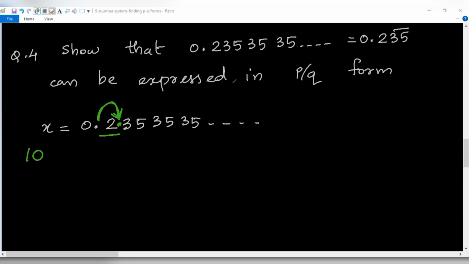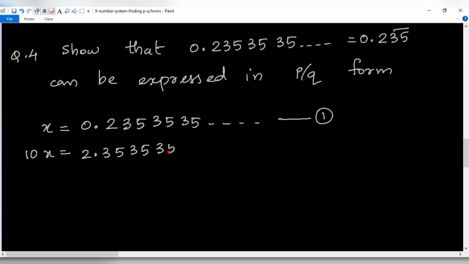So we are going to multiply that equation by 10. Let it be the first equation. So first equation into 10, we will get 10x is equal to, this decimal will move towards the right one place, so it will become 2.353535, like that. This is our second equation.